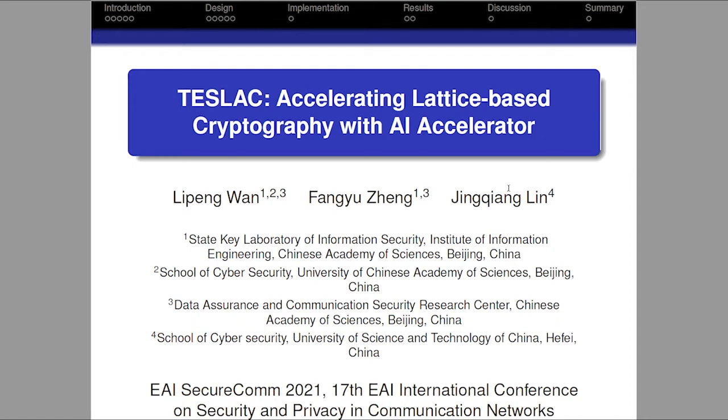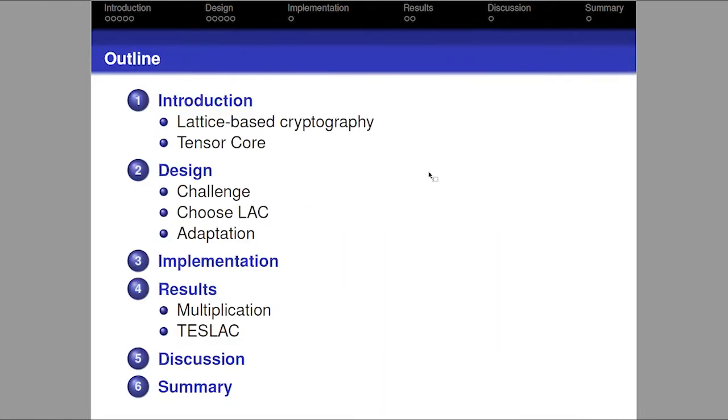Today, I will present our work about how to accelerate lattice-based cryptography with AI Accelerator. This presentation consists of the following parts. At first, I will introduce the background about lattice-based cryptography and Tensor Core.